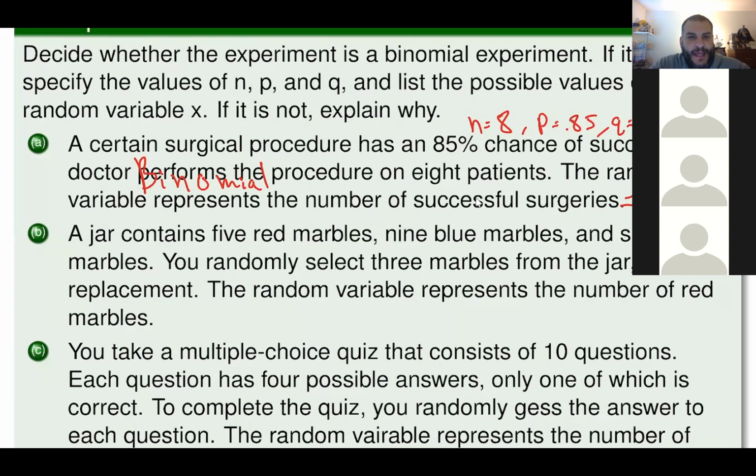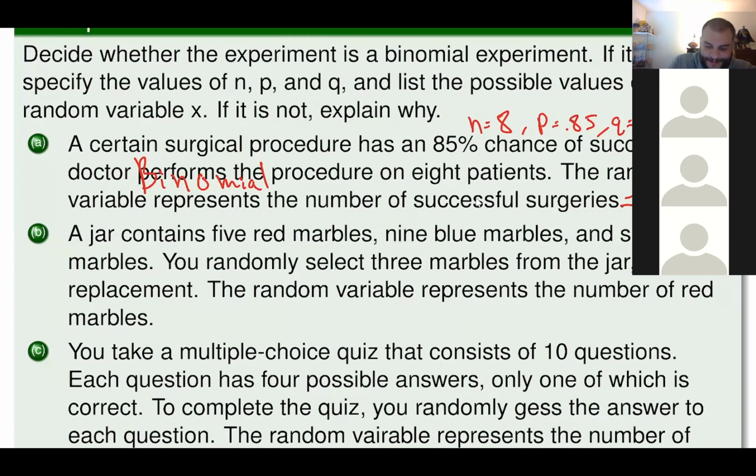So let's do B. For B, it's a jar containing 5 red marbles, 9 blue marbles, and 6 green marbles. You randomly select 3 marbles from the jar without replacement. The random variable represents the number of red marbles. All right, so let's see. For this one, do they tell us how many times they're gonna pick a marble?